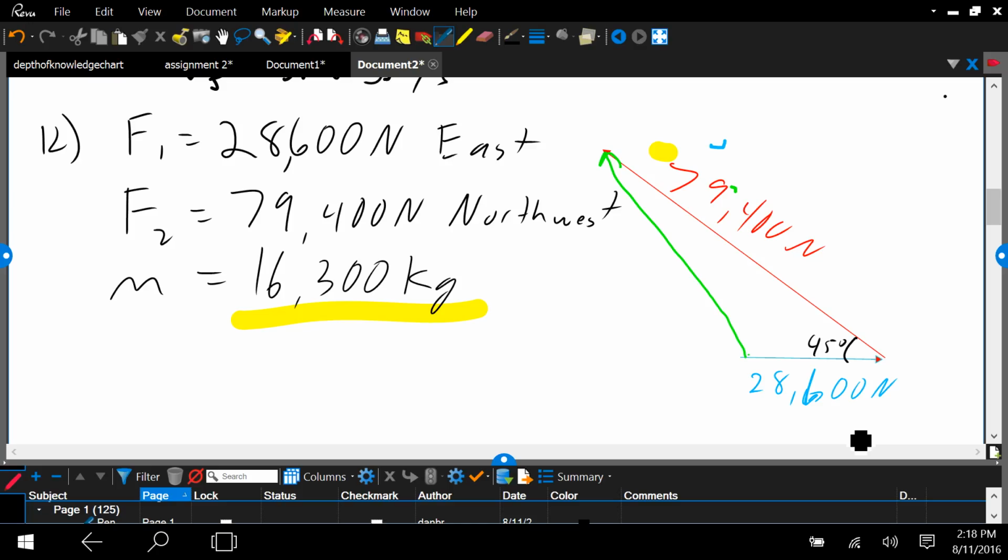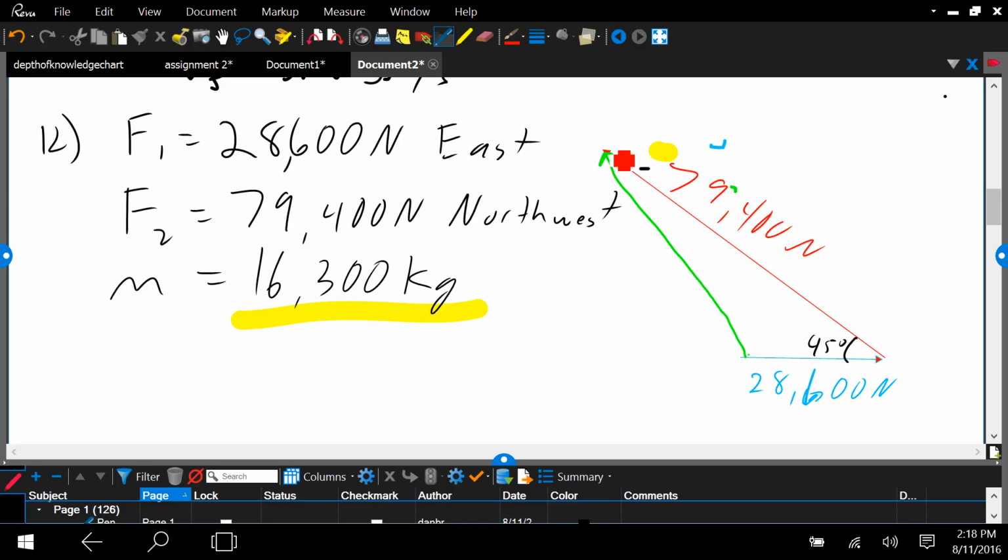So the way I'm going to do this to figure out the right triangle is I'm actually going to see what the horizontal component or projection is of my 79,400 Newton force that is at 45 degrees northwest.